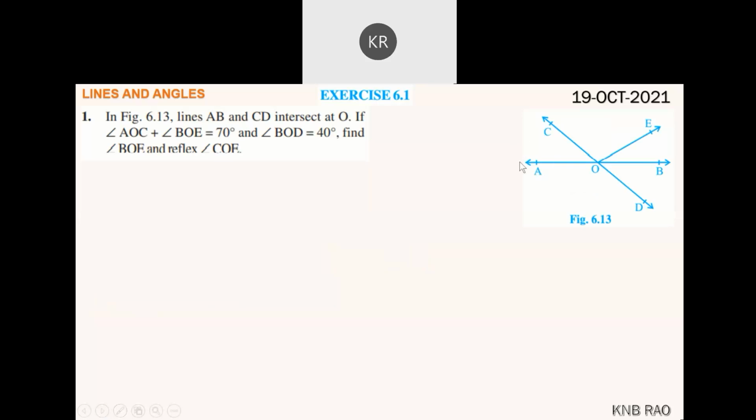First, question number 1 in exercise 6.1. Go through the question.